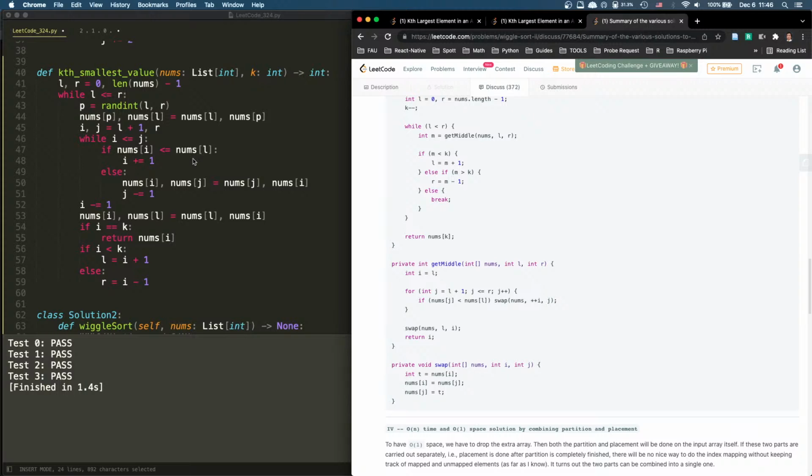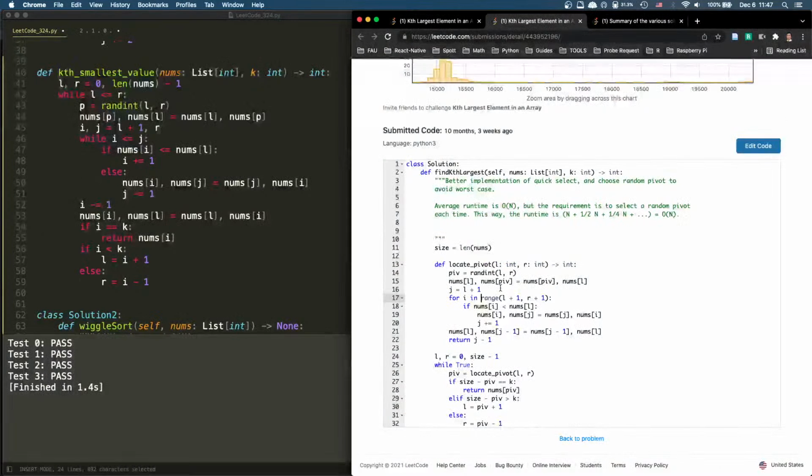So if nums J is smaller than nums L, and I, hold on, I is at L. Wait, in this case, I is also at L? Both are at L. Okay, I is at L, right?